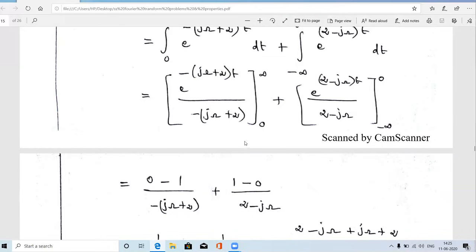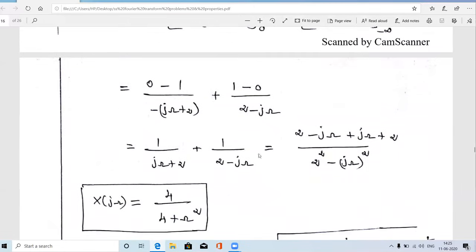Then minus of the lower limit: substituting 0 gives e^0, which is 1, divided by -(jω + 2). Then plus, in the second term, the upper limit is 0 and the lower limit is minus infinity. Substituting the upper limit gives e^0, which is 1. Minus of the lower limit: e^(-infinity) is 0, divided by (2 - jω). So here, 0 minus 1 is minus 1.